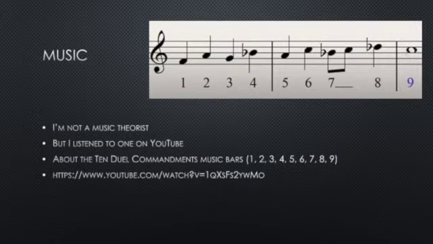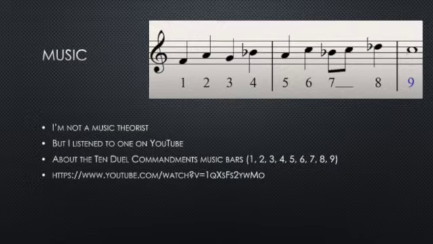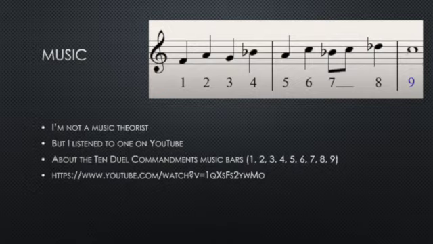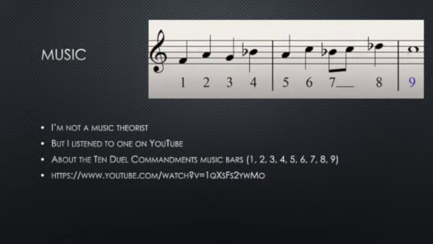And what happens here is he sets up this kind of nice-sounding piece of music progression and really soaks it in violence. This is a violent moment. The Ten Duel Commandments are the countdown.